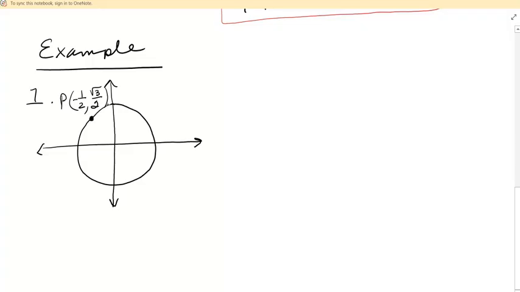So what does that mean? Well, that means there is an angle that exists, right, that goes to that point, such that we'll call this angle t.